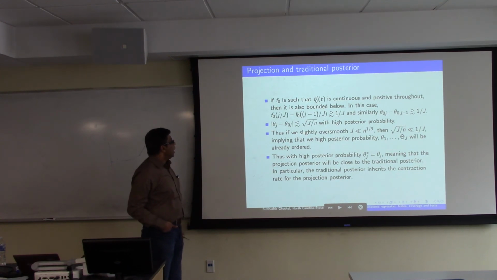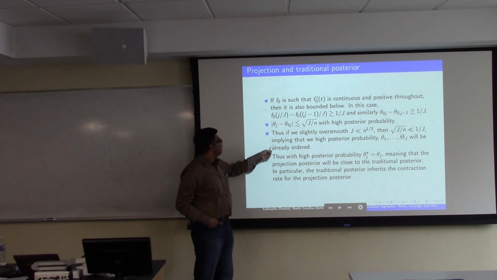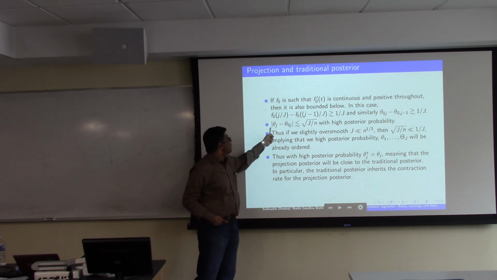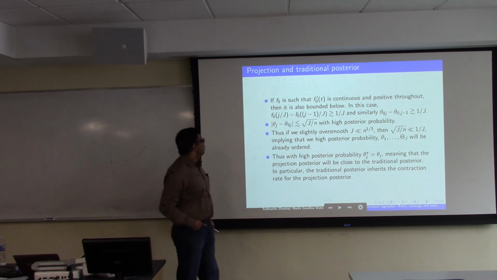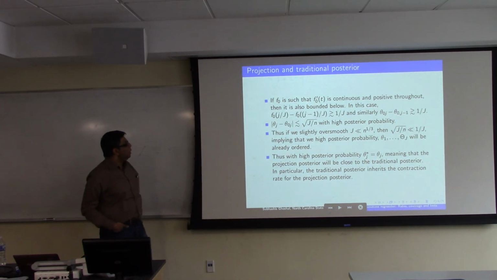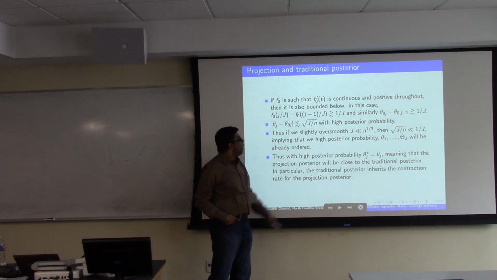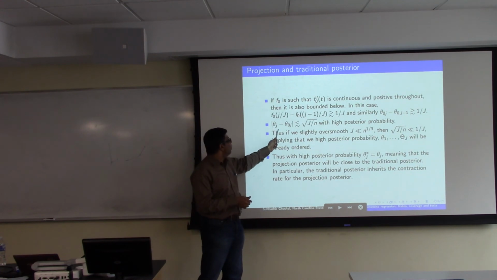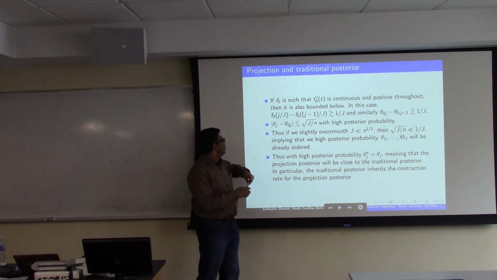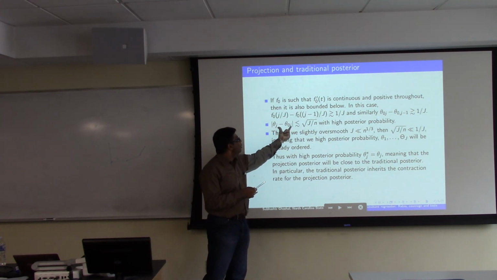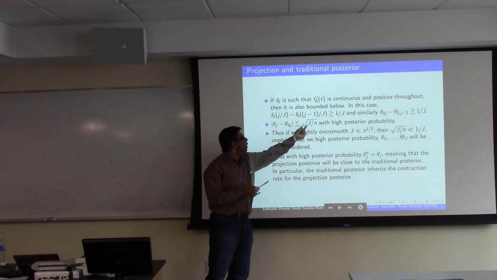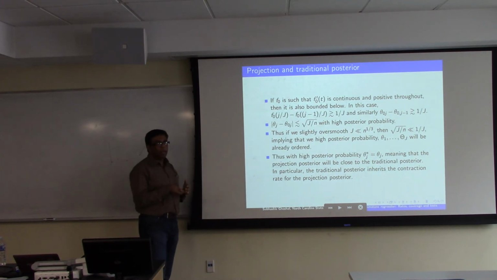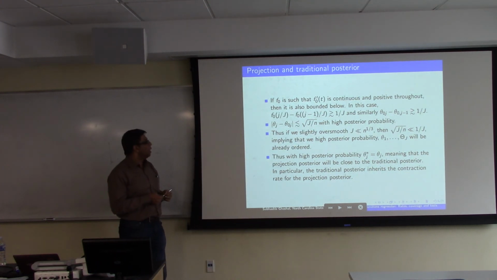So the corresponding theta increments are also at least 1 over J. On the other hand, the closeness of the random theta and the target theta zero is within square root of J over n. If you want to preserve monotonicity, this is not automatically monotone, because the error can disrupt it. But if the thetas are monotone, and the error is of smaller order than the increments, then it will maintain monotonicity with high posterior probability.